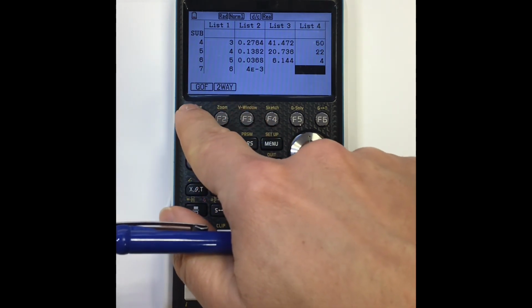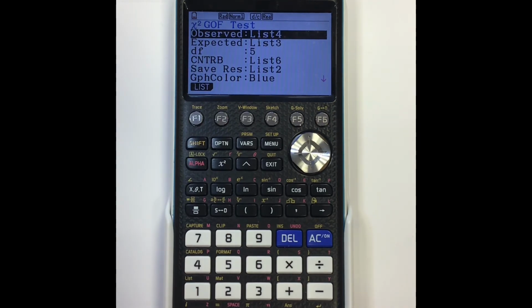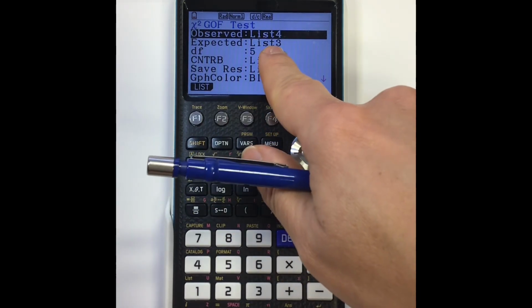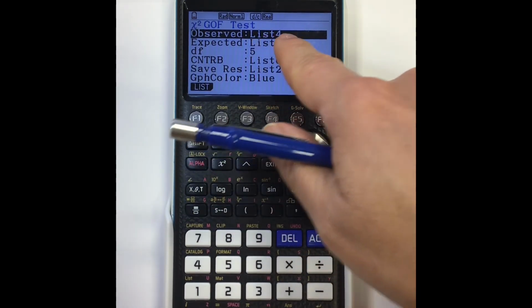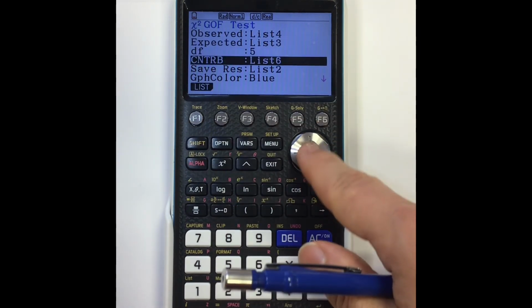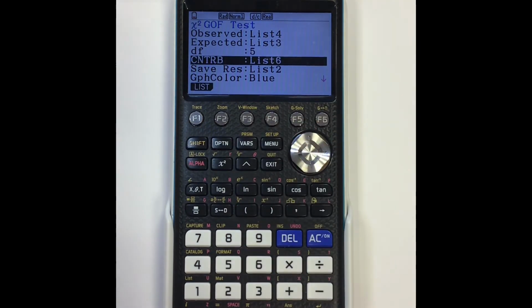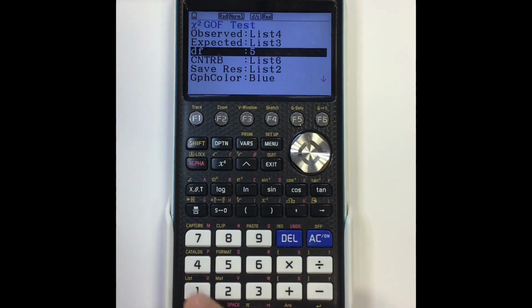We are looking at goodness of fit. Expected value list 3, observed value list 4. Degrees of freedom: you have 1, 2, 3, 4, 5 and 6 together. That means 5 categories minus 1. Degrees of freedom is 4.